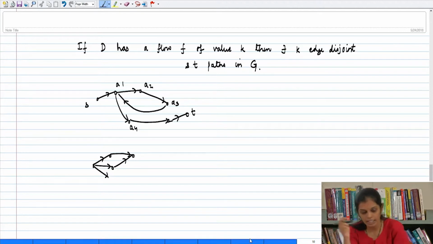Here the path that I have shown is edge disjoint, but it is not a simple path. And still we have this problem that we need to extract out these k simple edge disjoint paths.